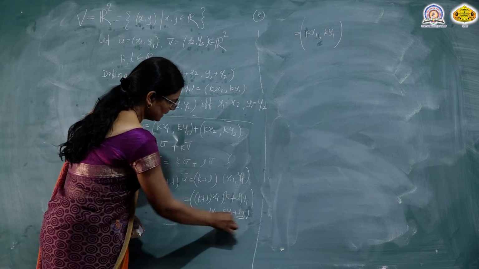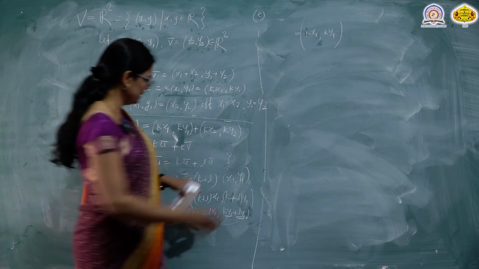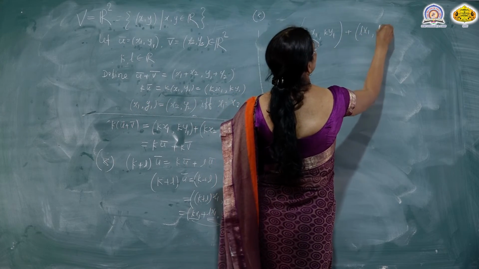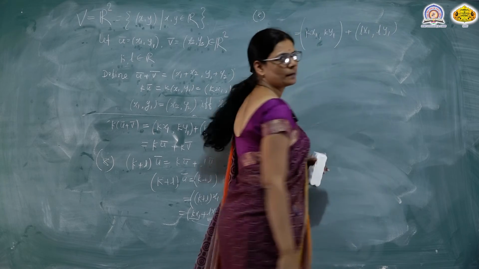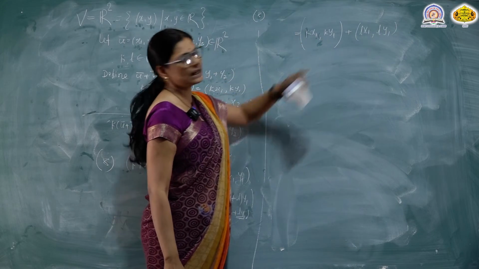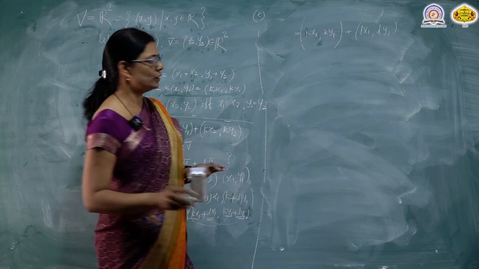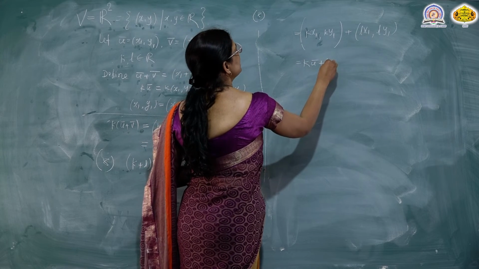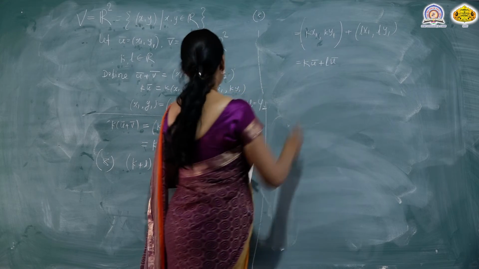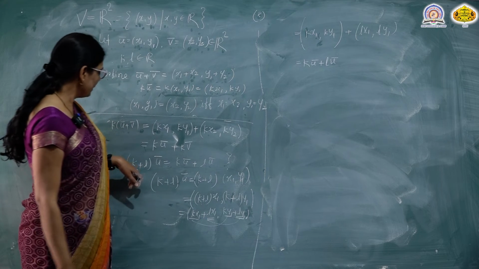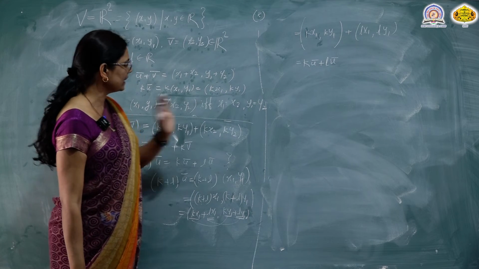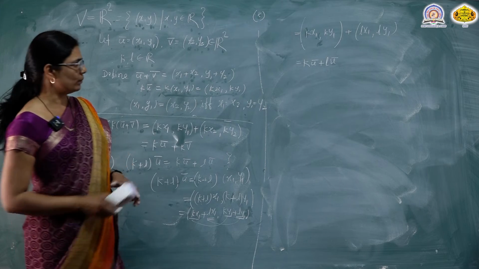This is the first vector and this is the second vector, and the second vector is Lx1, Ly1. And we know that x1, y1 is nothing but u. So this is equal to ku bar plus lu bar. So our property is true here. K plus L times u bar equals K times u bar plus L times u bar. This is our 8th property.